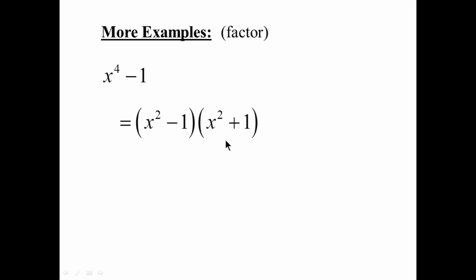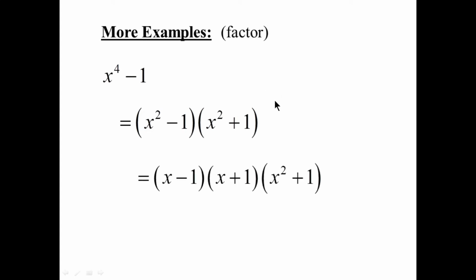Now, this is pretty good, but the first factor is also a difference of squares. X squared plus 1 isn't, but x squared minus 1 is. So it too breaks down into x minus 1 times x plus 1, while x squared plus 1 remains.